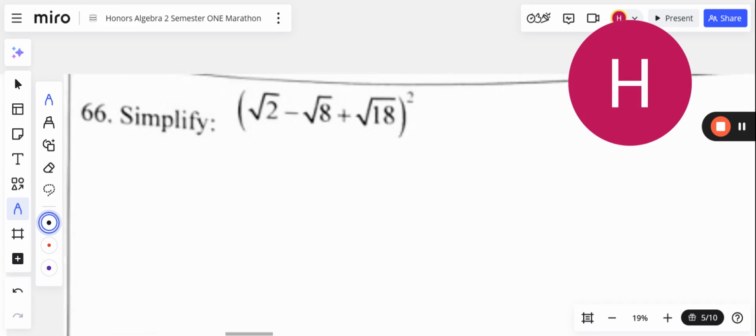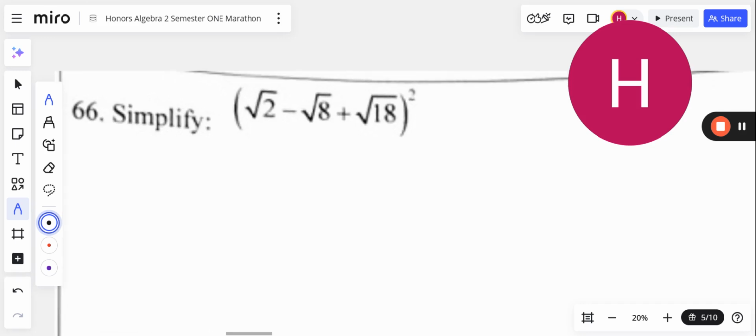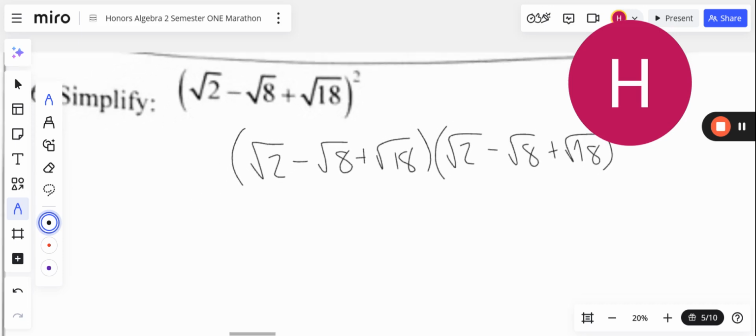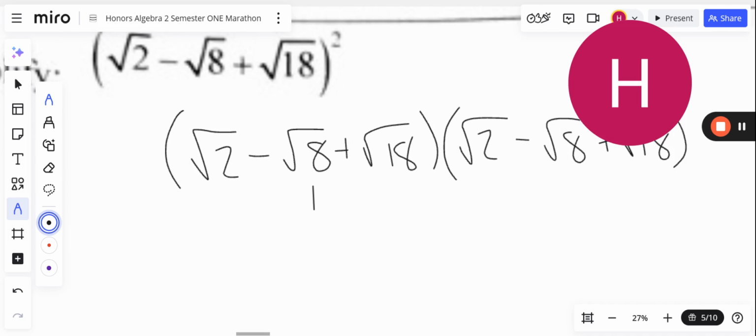Here we go. We want to simplify this. This is square root of 2 minus square root of 8 plus square root of 18, all squared. You don't really want to write this out like this, trust me, or work this out using an extended FOIL, and it's not even really FOIL because these are not binomials, this is 3 terms. You really don't want to multiply all that out. What you should want to do first is simplify these radical expressions.